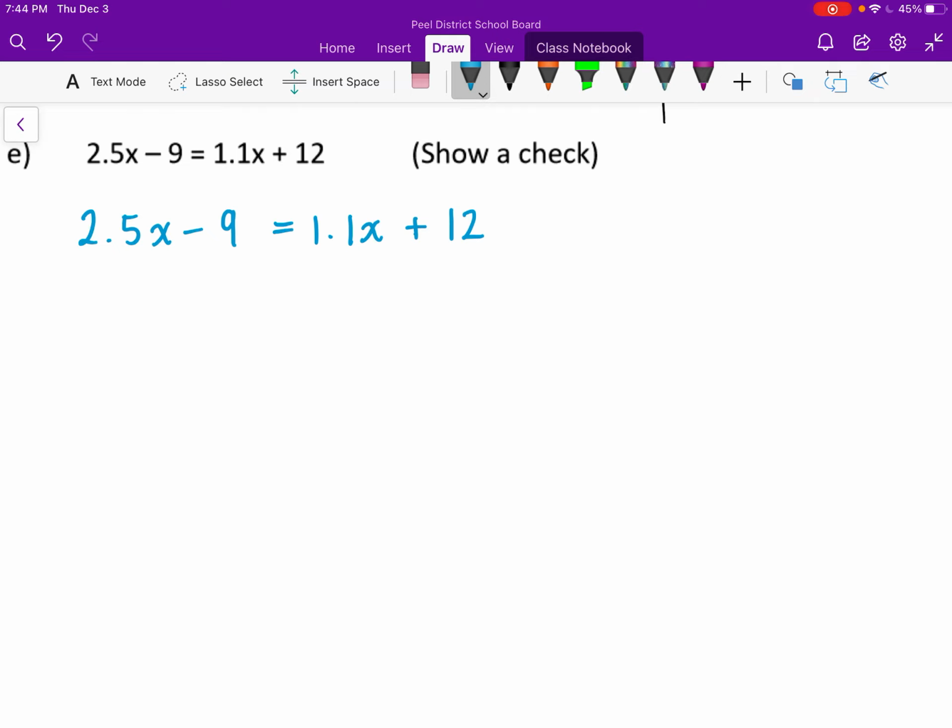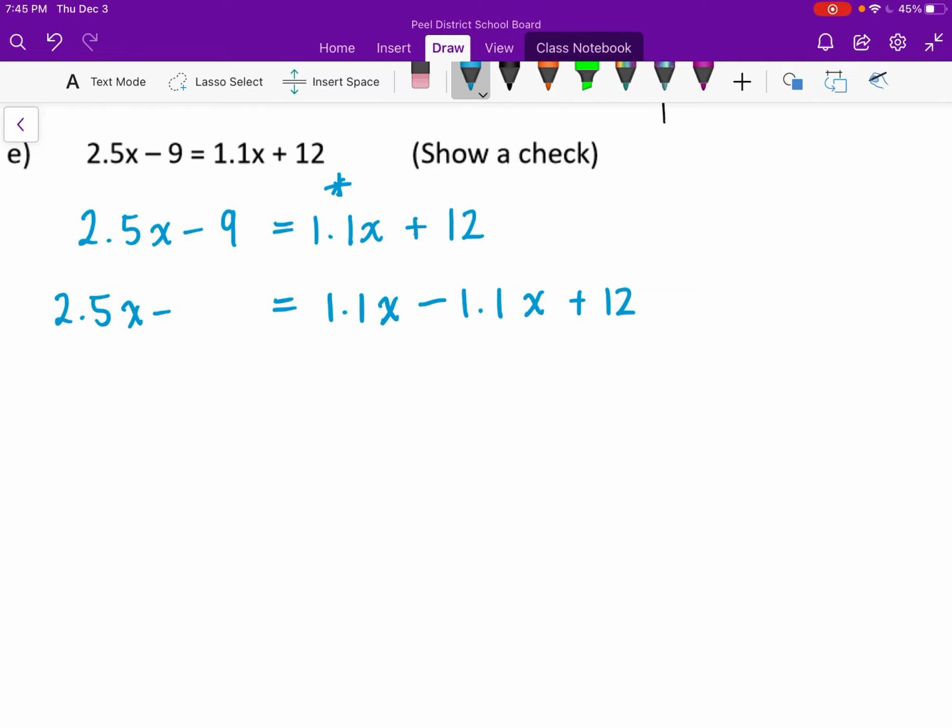I want to get rid of all of my variables on this side so that I only have the numbers on this side. So I'm going to get rid of the 1.1x. It's positive 1.1x. You're going to get rid of it the same way by subtracting 1.1x. Whatever you do to the right side, you must do to the other side.